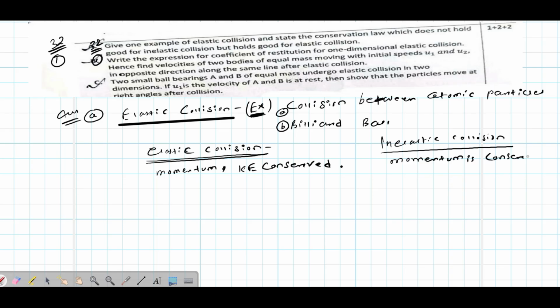For inelastic collision, momentum is conserved, but kinetic energy is not conserved.